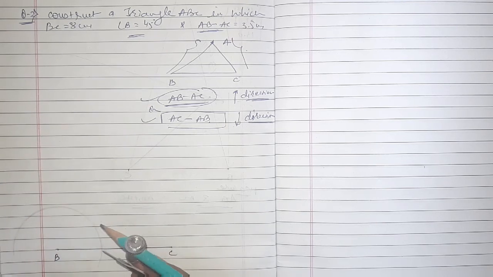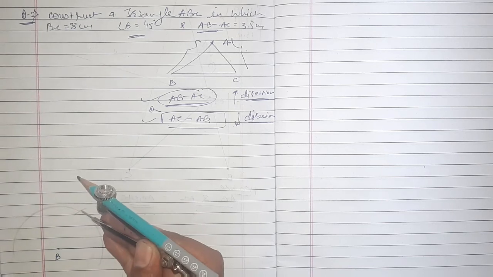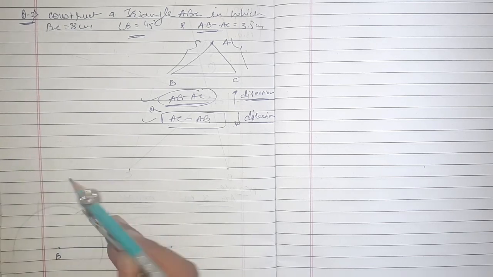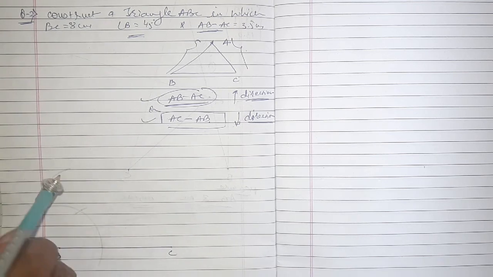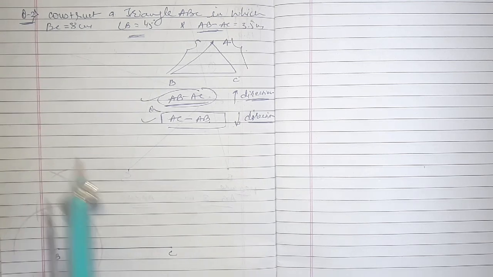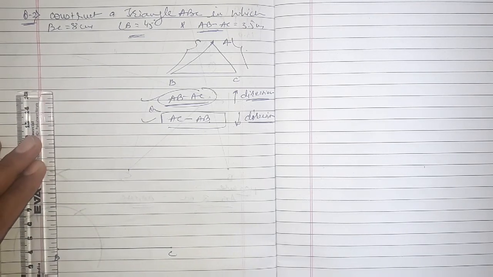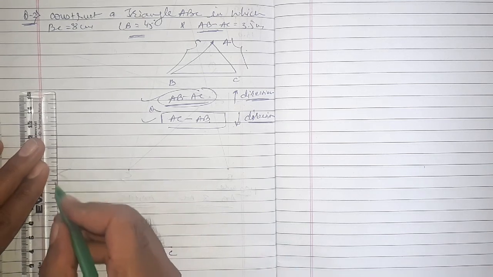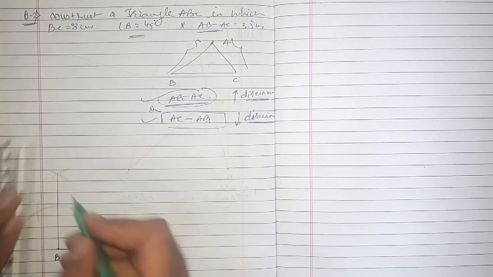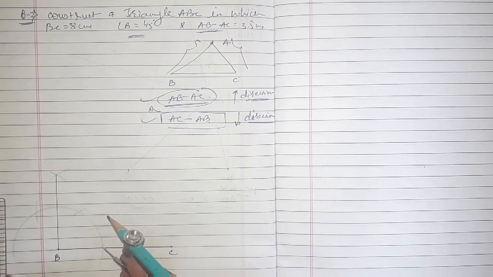As we know, mark 60 degree, then 120, and bisect them to construct 90 degree. Here this angle is your 90 degree. I want 45 degree, so now I have to bisect this 90 degree to get 45 degree.